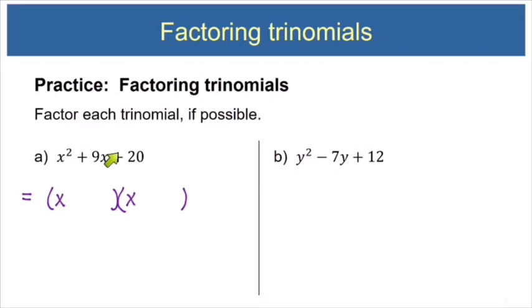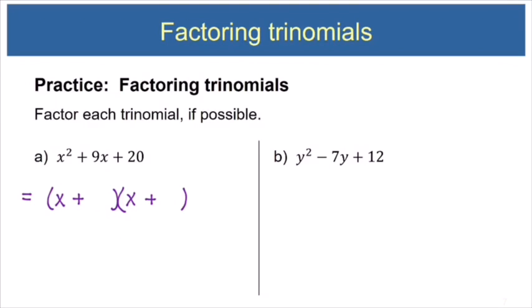So if you have a plus here, you know that the 2 signs here have to be the same. And if they're the same, they both have to be whatever this middle term is. So this last plus sign tells me that I need the same signs here, and this plus sign tells me that both signs here have to be positive. So I go ahead and set down my 2 plus signs.